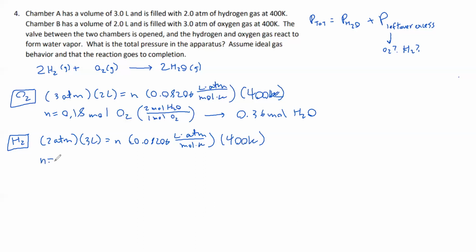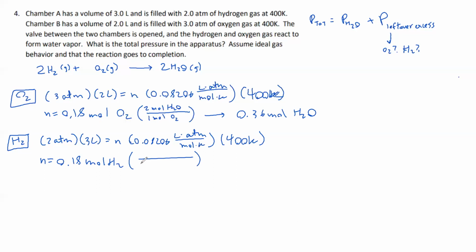All right, cool. And we end up getting the same number, 0.18 moles of hydrogen, right? You can pretty much tell because everything is the same except for the numbers here are switched. So obviously you're going to get the same numerical value, 0.18. Cool. And then converting to moles of product.